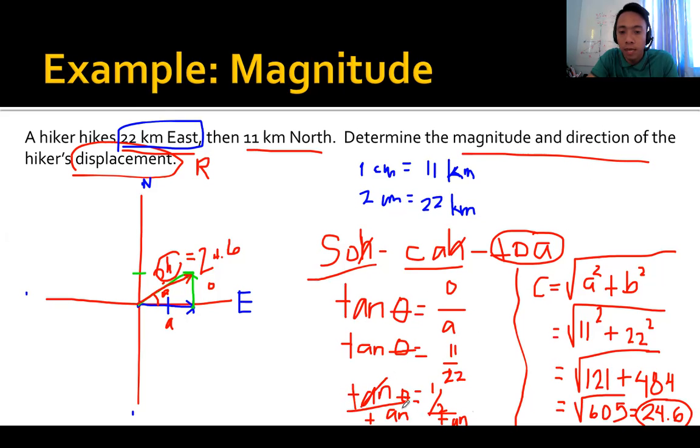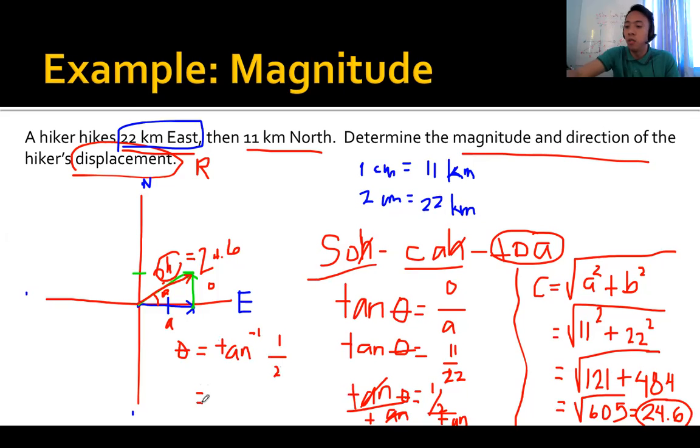So tangent will be canceled and theta is equivalent to the inverse of tangent. So I will put tangent -1, a symbol for the inverse, and then 1/2.